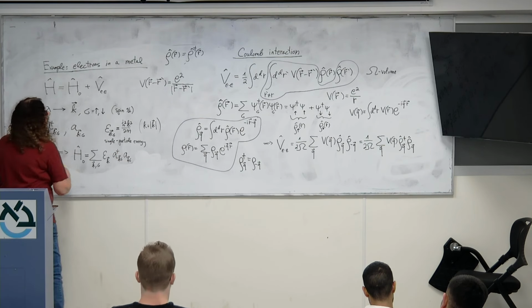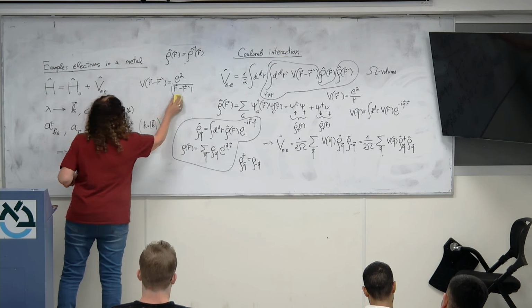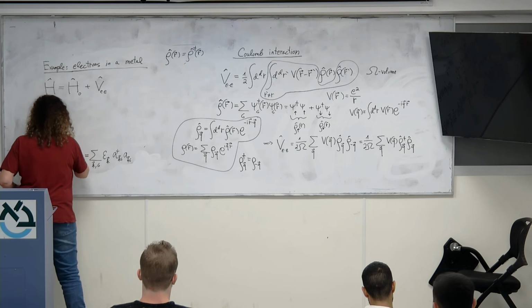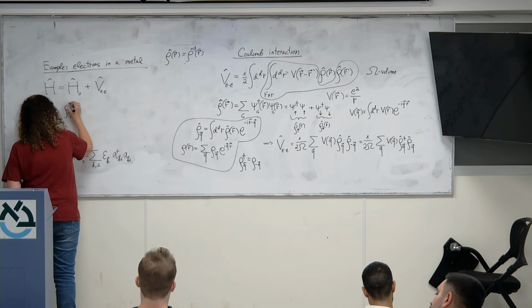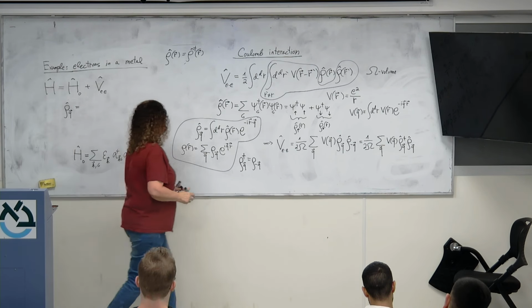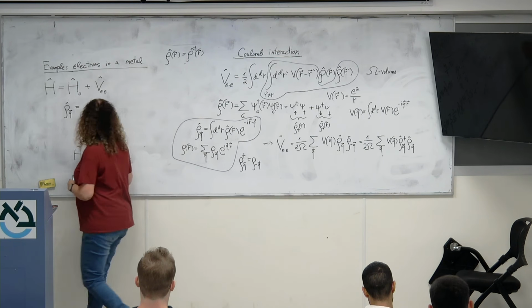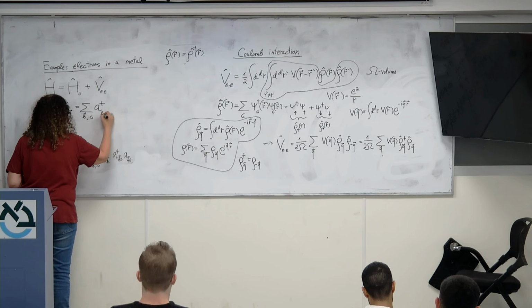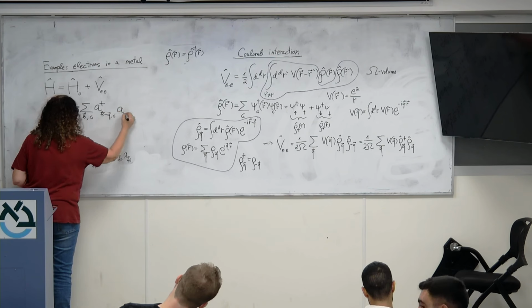And what you find, again, I'm not doing the calculation, it will be in your homework: rho Q, if you just plug in for psi R and psi R dagger the expressions in terms of A and A dagger, you get a summation over K and sigma of A dagger K minus Q sigma A K sigma.